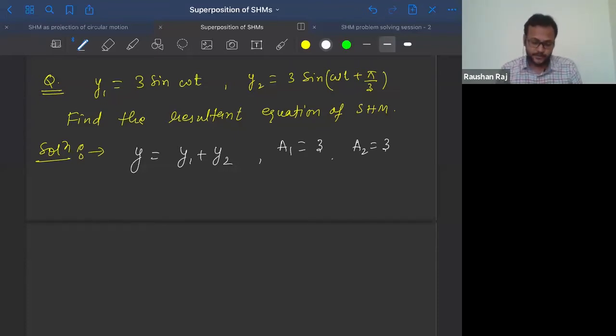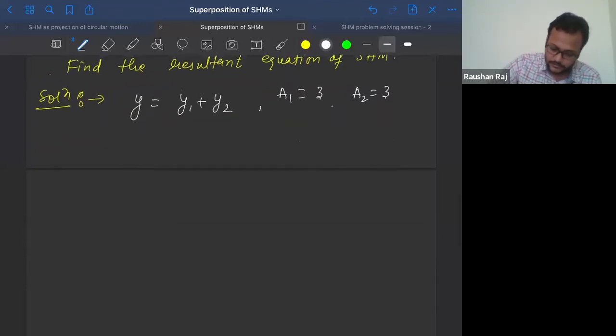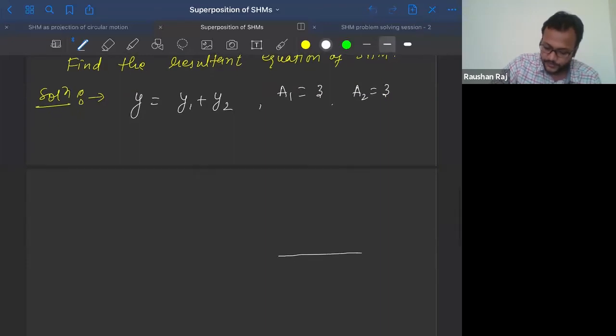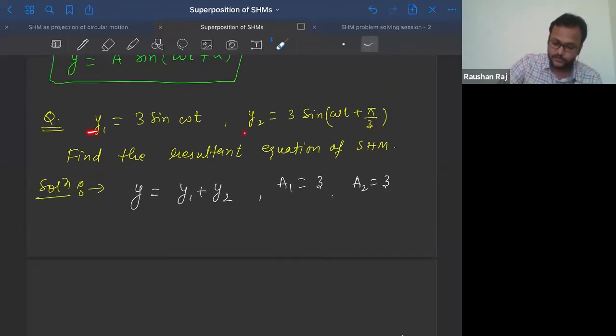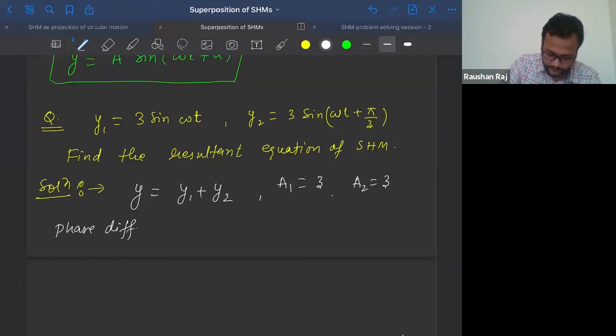Now let us draw the diagram here first. So A1 is this one. Now which is A2? A2 will be leading. See, what is the phase difference between Y1 and Y2? Pi by 3. Let me write that. Phase difference between Y2 and Y1 is omega t plus pi by 3 minus omega t.